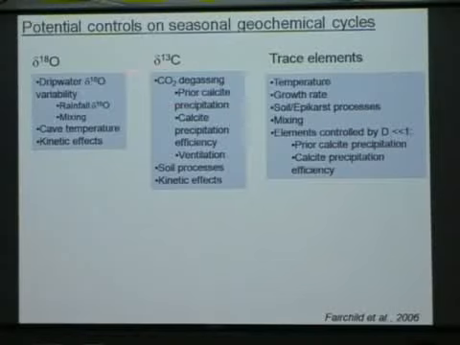Seasonal changes in delta C13 are known to be often affected by CO2 degassing related processes. When that water enters the cave and it degasses CO2, the carbon-12 degasses slightly quicker than the carbon-13. And therefore, this causes fractionation.